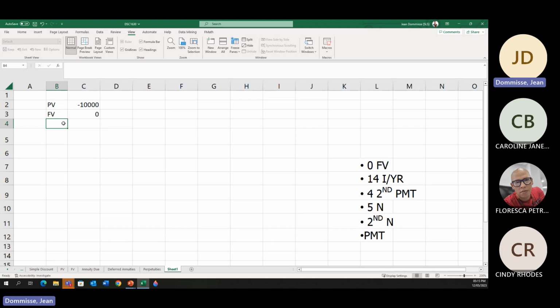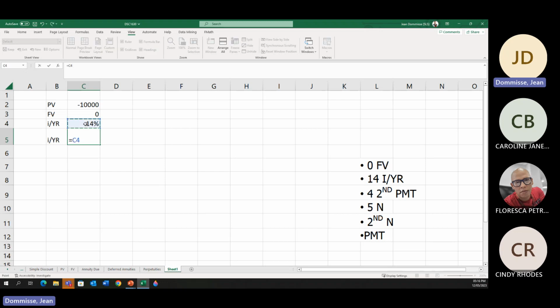Okay, they tell us the interest rate per year is 14%, and that it is compounded quarterly. So remember your interest rate is actually the 14% divided by 4.